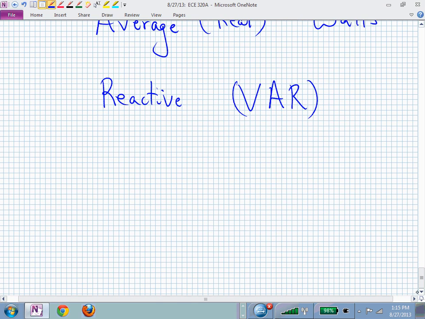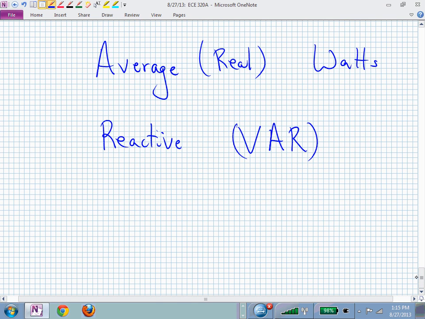Now, we are going to want to keep track of both of those. Well, the power company wants to know that, because the presence of reactive power actually means that they have to produce maybe a higher voltage and supply more current to give you the real power that you need at your end of the line. So they're now having to generate more to make you happy.